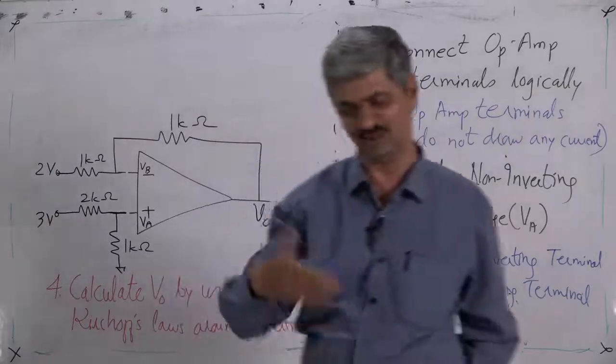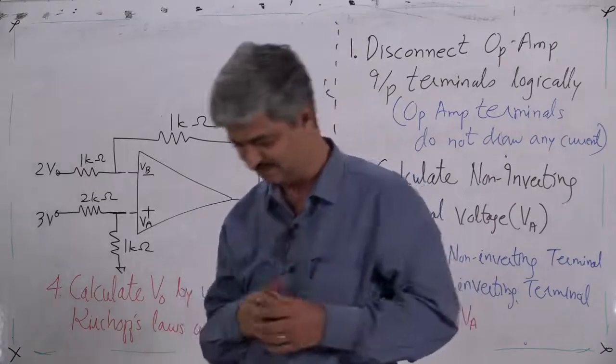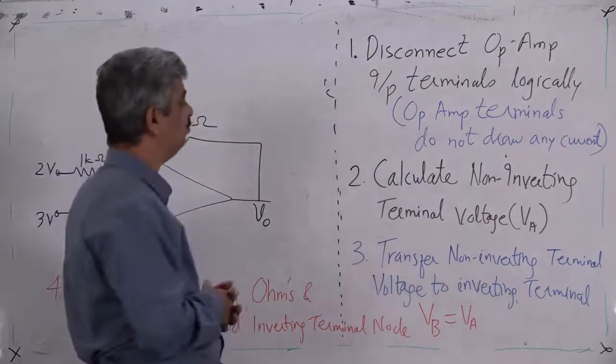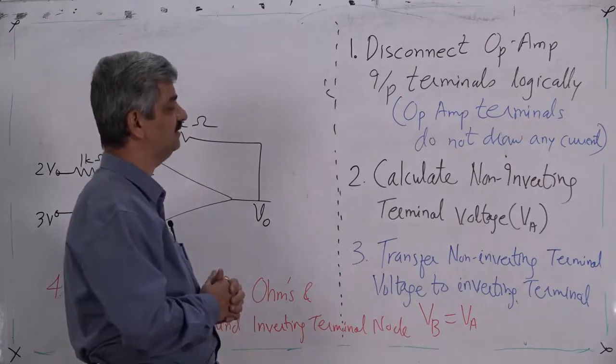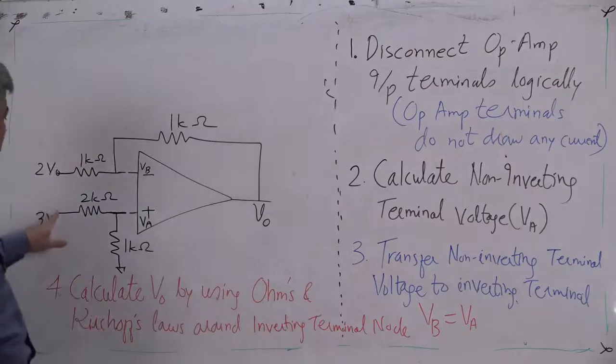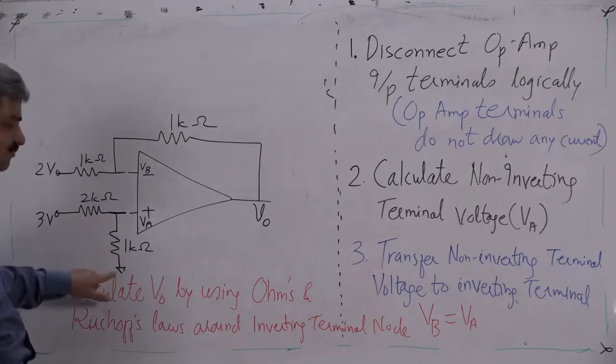So the first step doesn't require any efforts as such. Then second, calculate non-inverting terminal voltage VA. How do you calculate? Simple potential divider, 3 volts, 2K, 1K. So the ratio is 1/3. This is ground.